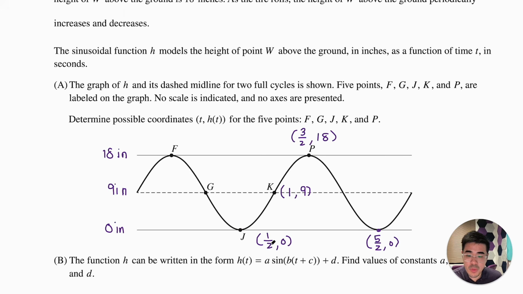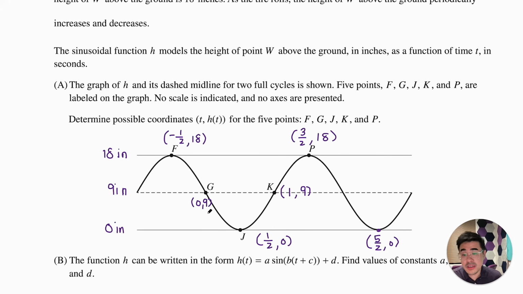It's halfway between 1 and 3/2. So basically, every dot on this sinusoid is a half a second apart. So then this would be (0, 9). And then this would be (-1/2, 18).